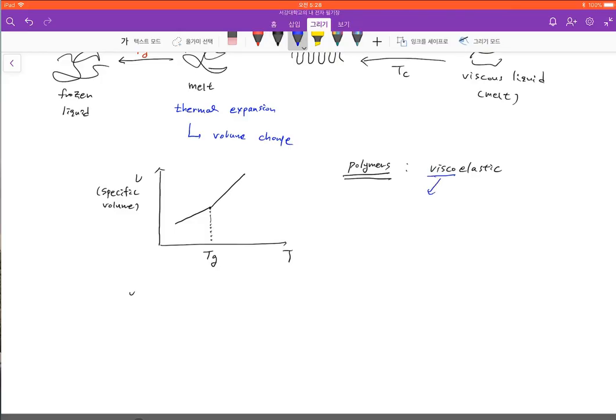Here, visco means viscosity, which is a property of liquid, right? Also, polymers exhibit elastic property. Elasticity is a property of solid.